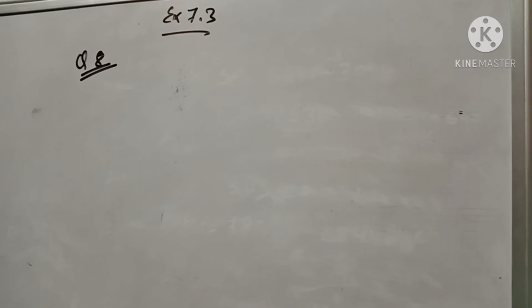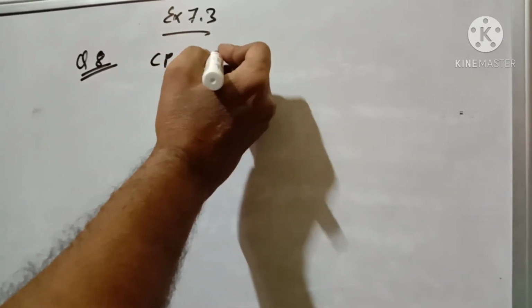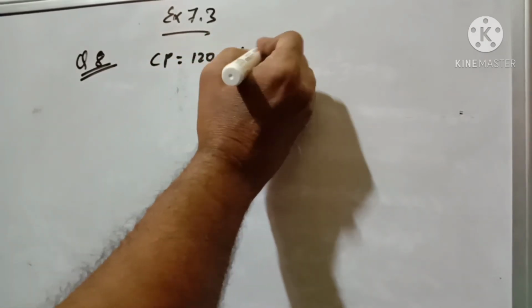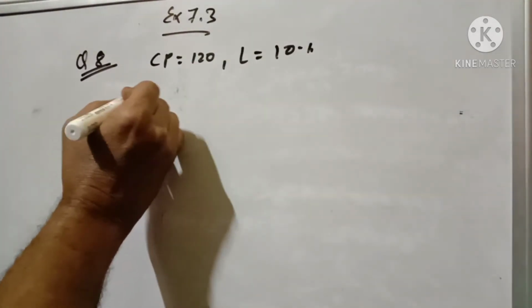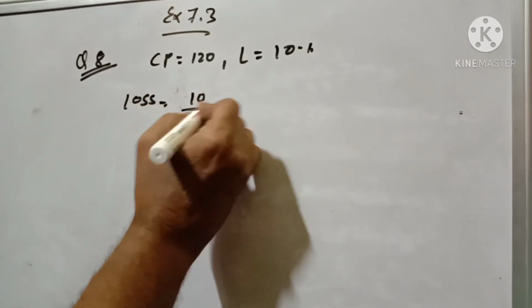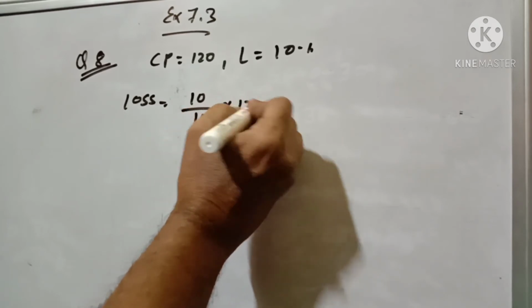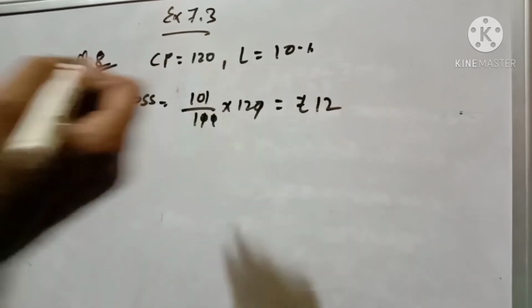Yes, now question number 8. It is given that the cost price of a flower vase is rupees 120. If the shopkeeper sells it at a loss of 10%, find the price at which it was sold. So CP is given, CP is equal to 120 and loss 10%. So loss equal to 10% of 120, it will be rupees 12.